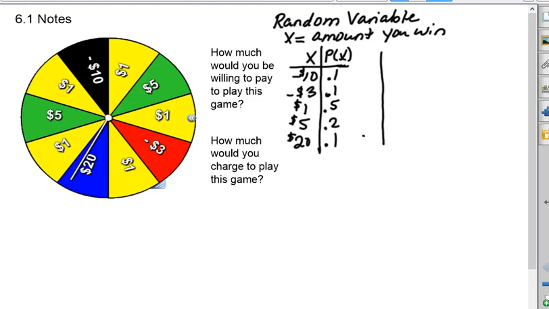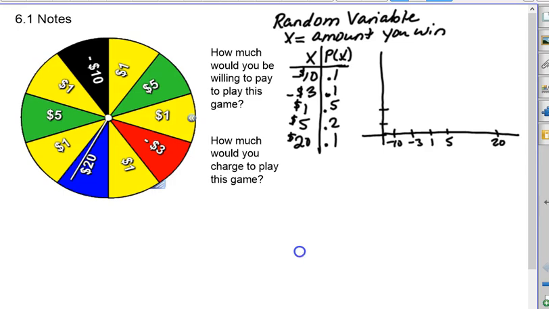I could also make a probability distribution using a histogram. So if I called this 0, let's say this is negative 10 and negative 5. I may just label these using the values that we have and space them out accordingly. So we have negative 10, negative 3, positive 1, positive 5, and then 20.